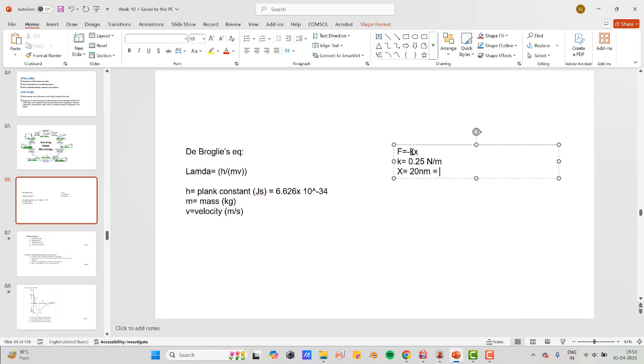Yeah, 5 into 10 to the power minus 9 should be the answer. I think there is some error in the question itself. Okay, this one, the de Broglie one.